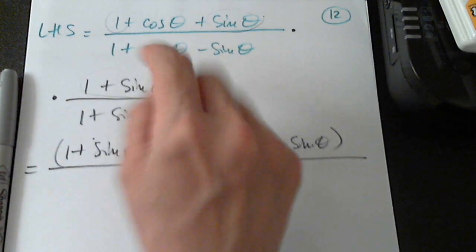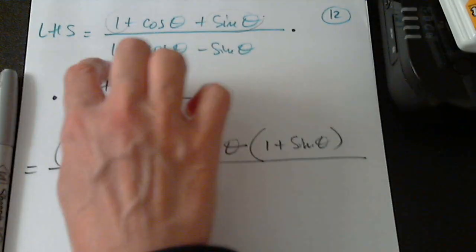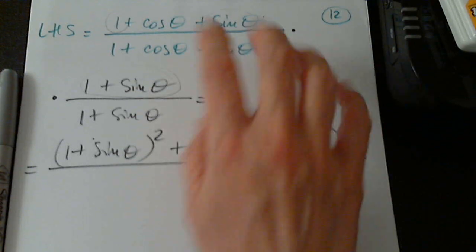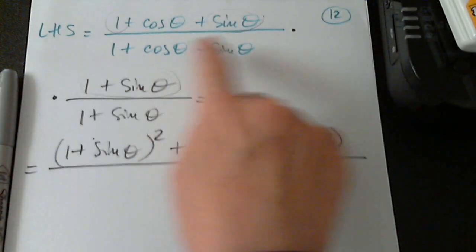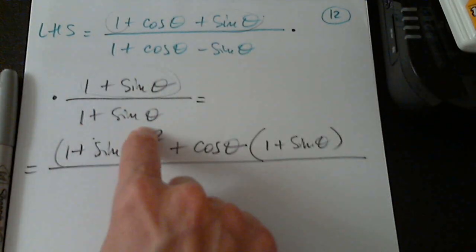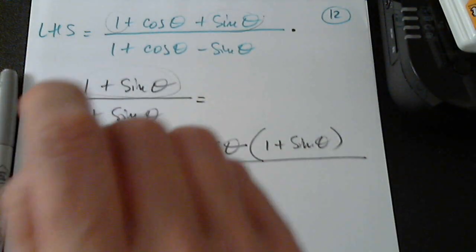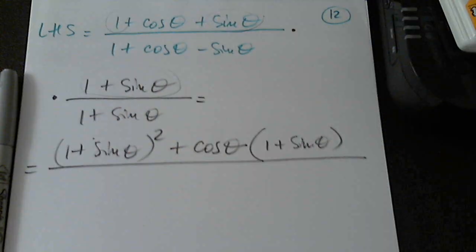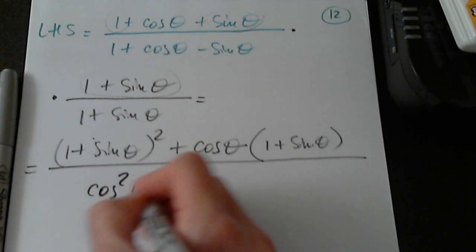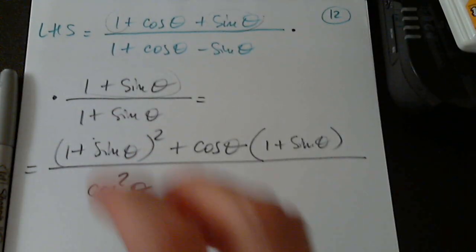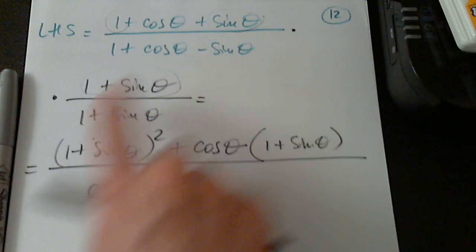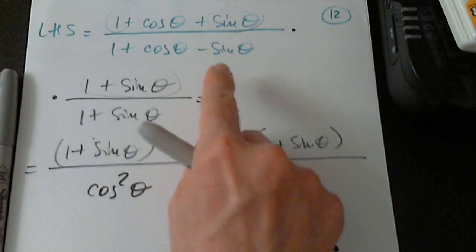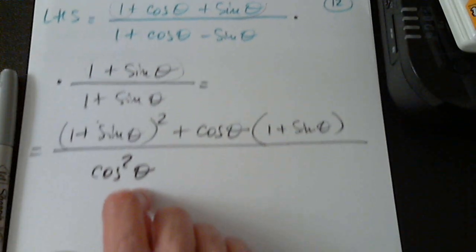I will do the same thing with the denominator. I distribute 1 plus sine to 1 minus sine, but we just looked at that. 1 minus sine times 1 plus sine is 1 minus sine squared, which is cosine squared theta, which you already told me several times tonight.